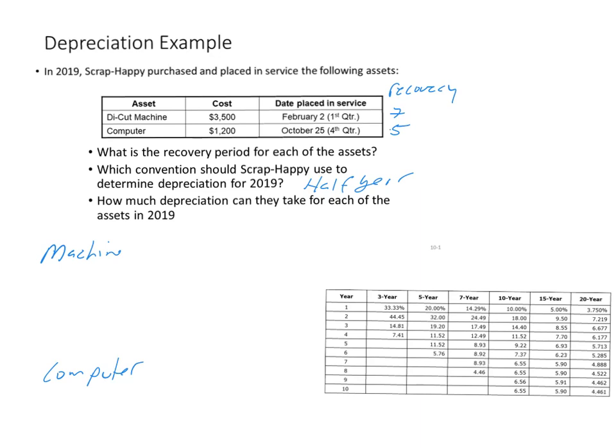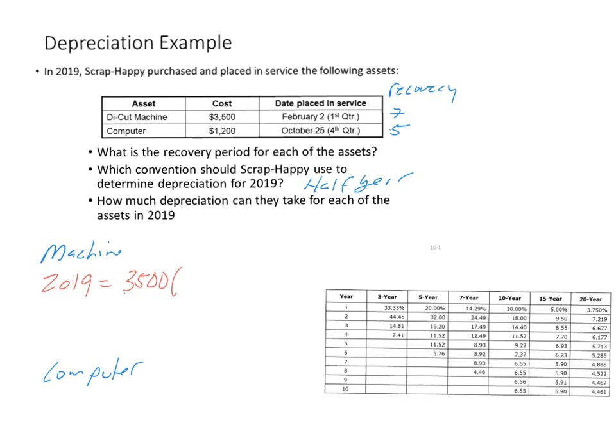The way we figure out depreciation is our starting point is the cost, and then we multiply that by the percent that we see in the year. So 2019 depreciation is the cost times the percentage.